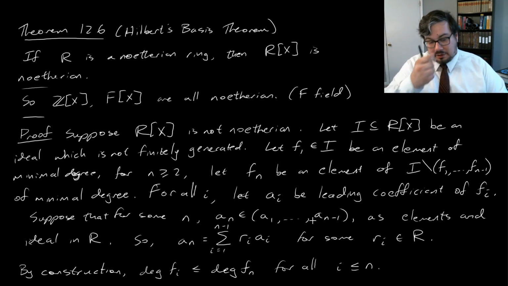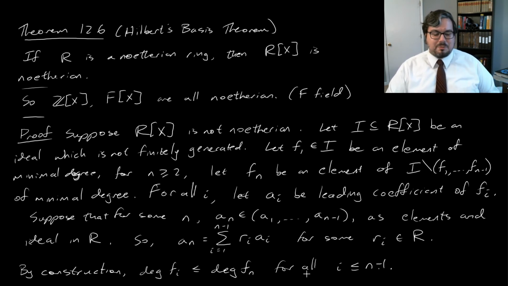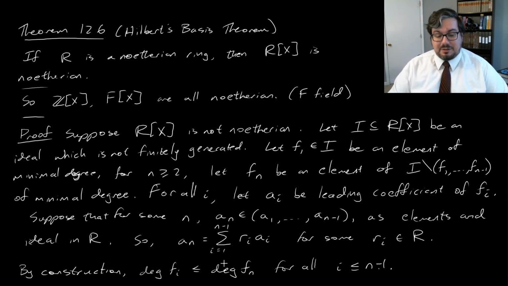It could never go down, and so in particular, for any i less than or equal to n minus 1, these degrees of the Fi's have to be less than or equal to the degree of Fn.